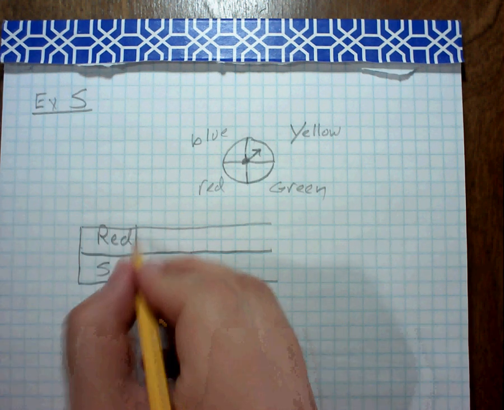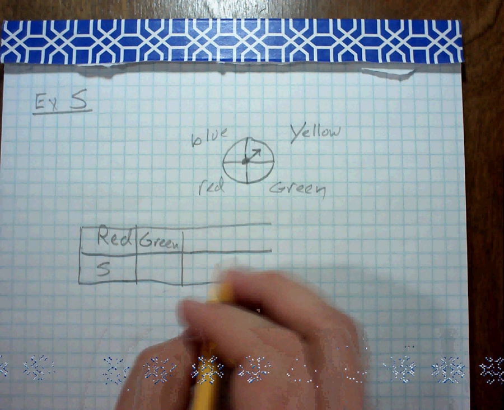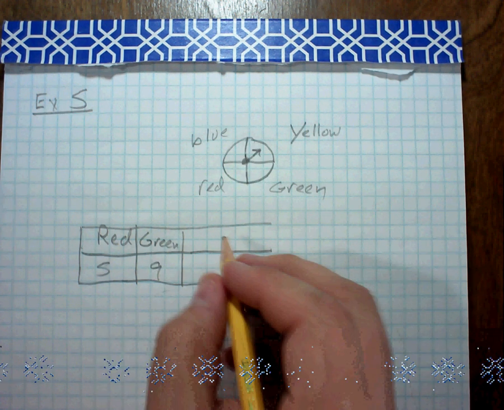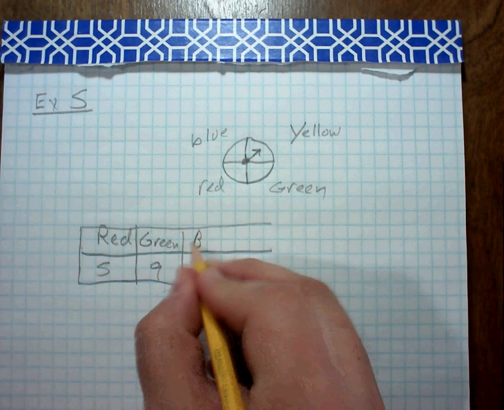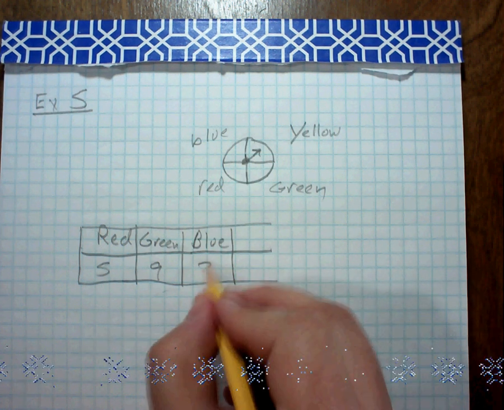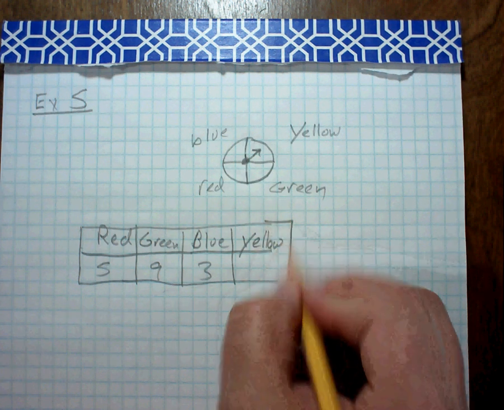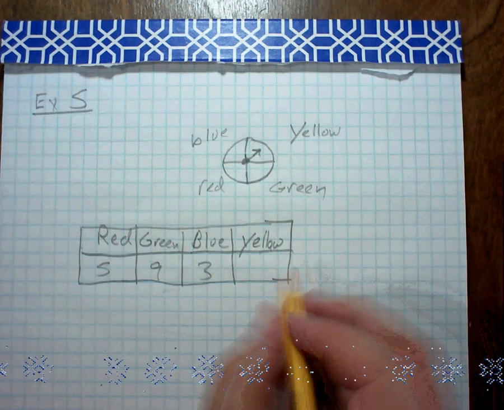For green, it landed on green 9 times. For blue, it landed on blue 3 times. And then for yellow, it landed on yellow 3 times.